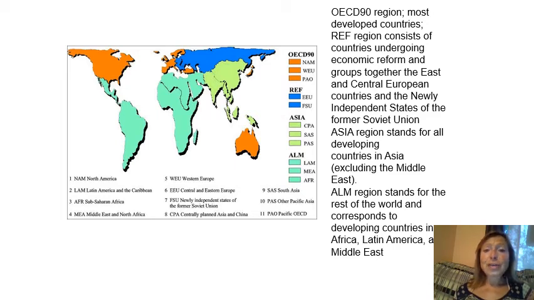Like we see here the OECD 90 region. Those are the most developed economies, including the United States and Canada, countries of the European Union, and Australia, and Turkey is here as well. And then there are transitional economies of the former Soviet Union and Eastern Europe that are shown here in blue.